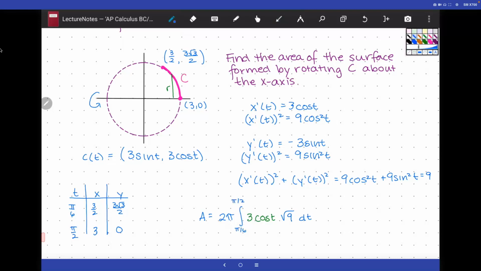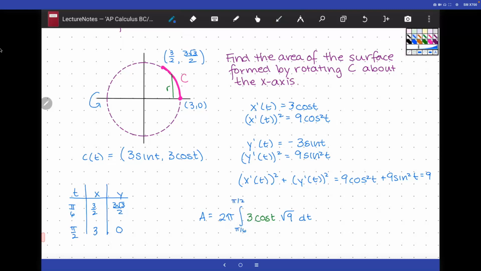But you have to be careful about that. Are you actually getting the part that you want? Sometimes, for instance, we get pi over 2 and 3 pi over 2, and we want to start at pi over 2 and go to 3 pi over 2 because pi over 2 is smaller. But sometimes that actually gets us going in the wrong direction, so we'd want to do negative pi over 2 to pi over 2. You have to start thinking about that. It'll become a much bigger focus when we do polar, so we'll look at more examples. That's just something to keep in mind.